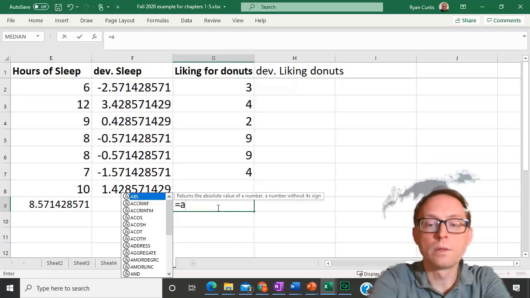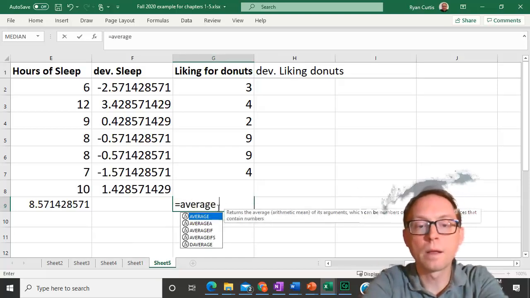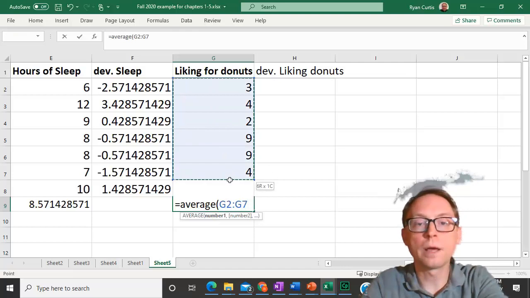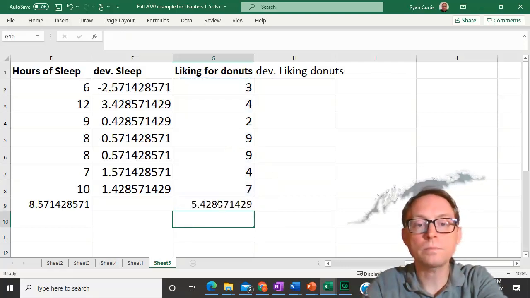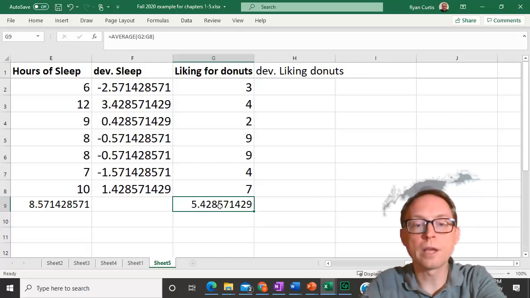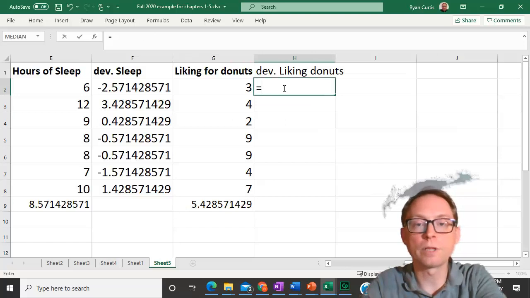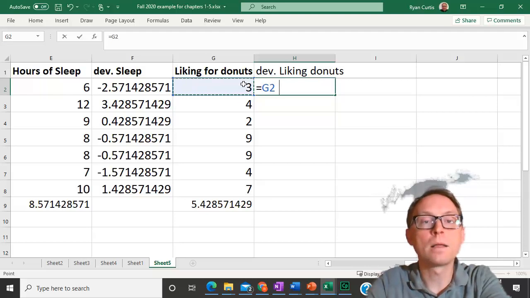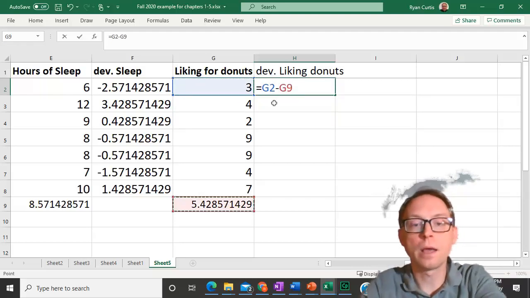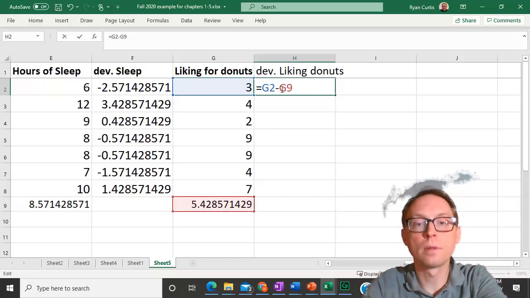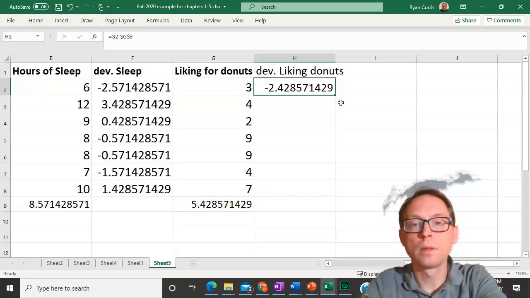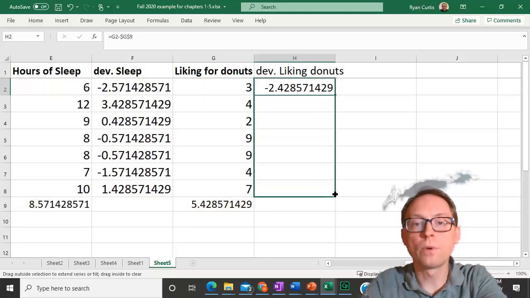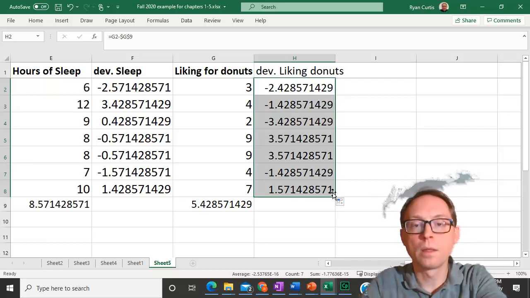So this is going to be the mean of liking for donuts. The average liking for donuts is 5.43, roughly. Okay, so the deviation is going to be x minus x bar. All right, there we go. Negative 0.43. Those are all of those right there.